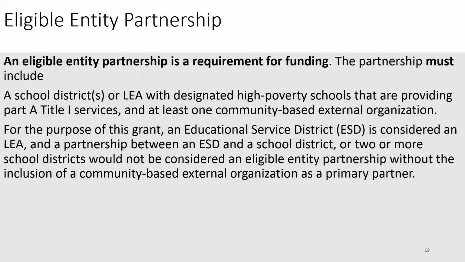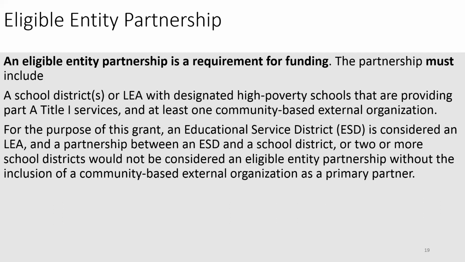A partnership is absolutely a requirement to apply for a 21st century grant. If you apply without a partner, or with somebody who you may think is a partner but is not, it could disqualify you from getting your grant read. We'll go into more detail about that too.